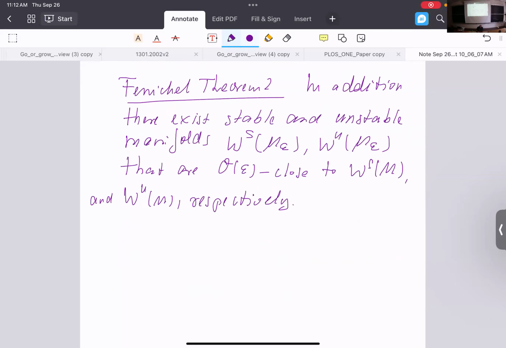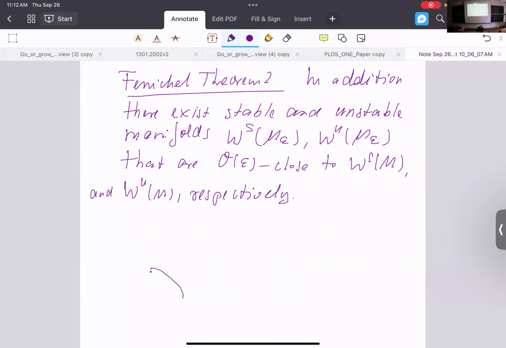Okay, so this also needs a picture. Let's consider the same picture here. This is my manifold M again. We said normally hyperbolic, and the normally hyperbolic was the fast dynamics. So the fast dynamics drives it down. This is what we did with the inner solution. And this would be the stable manifold of M. Fenichel 2 says that also here, close by, there's the stable manifold for the real system, M epsilon.